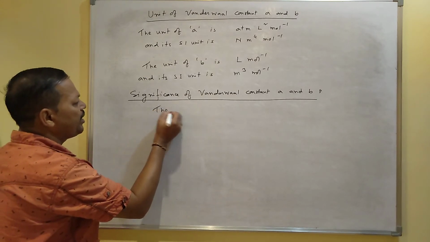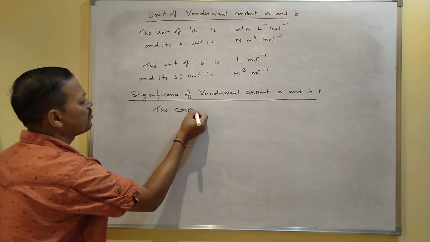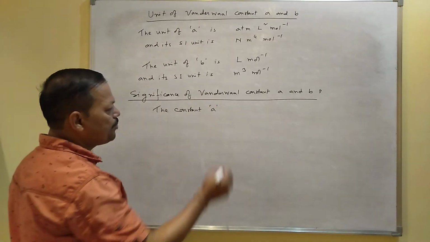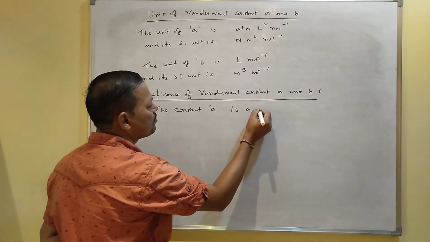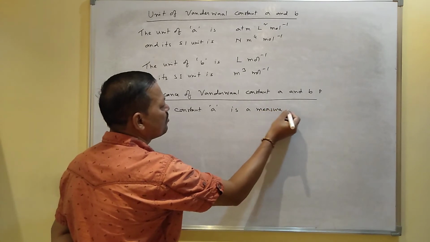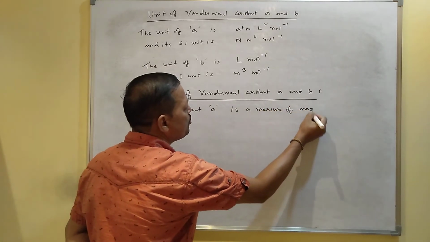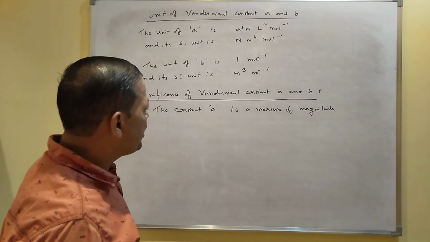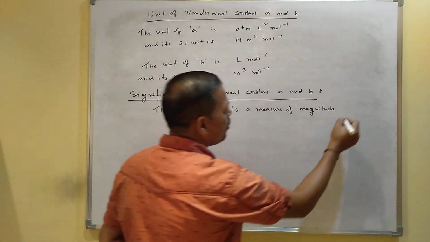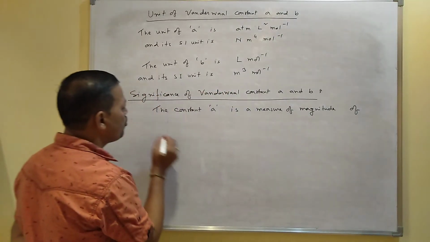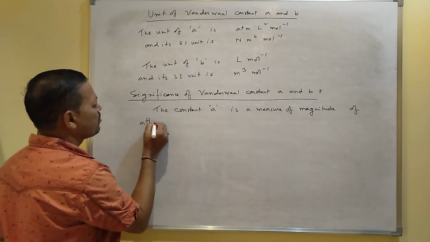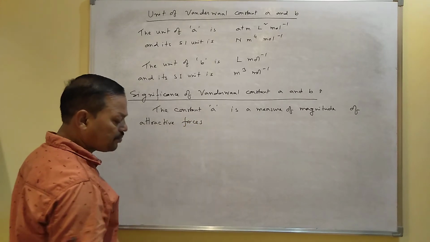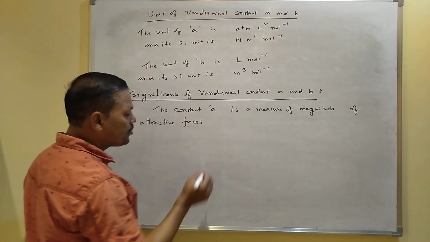The constant A is a measure of the magnitude of attractive forces among the molecules of the gas.